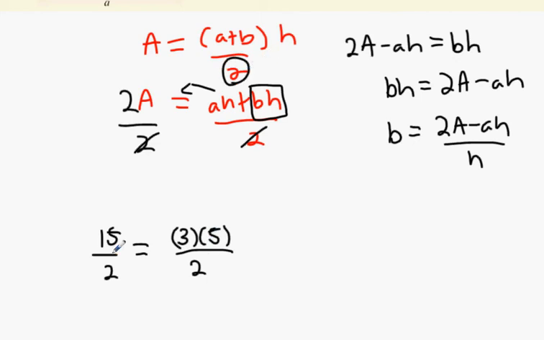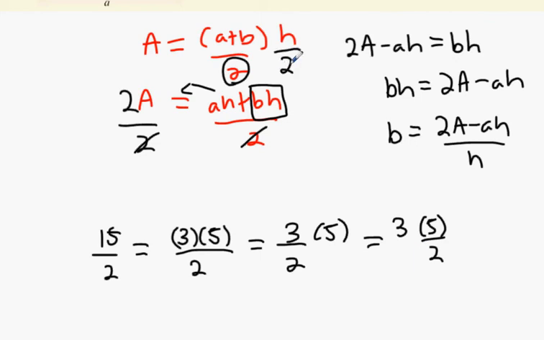So I changed 15 over 2 into 3 multiplied by 5 over 2. Now I can break that up two ways. I can say 3 over 2 like this multiplied by 5, or I can say it's the same thing as 3 multiplied by 5 over 2. Do you see the way the 2 didn't get doubled into two separate fractions? Because the h is being multiplied, not added.